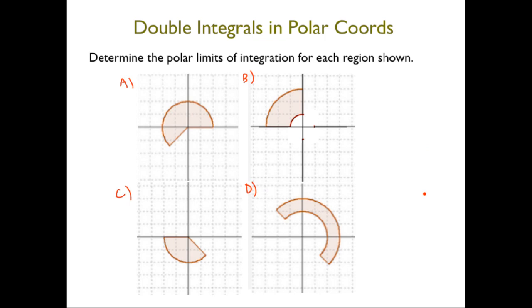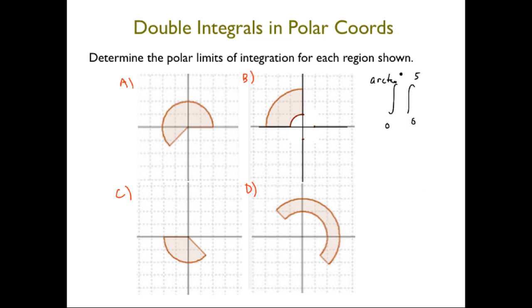It's r first, that's the inside integral. So r from what to what? That's like inside to outside. And then from starting angle, counterclockwise, to finishing angle. In that other example, we had 0 to 5 and 0 to arctan of 2.